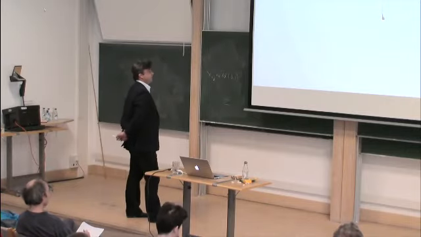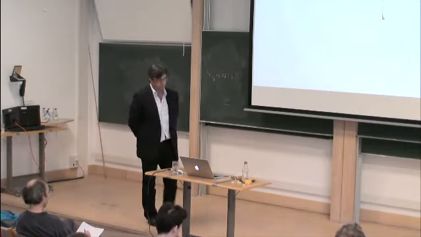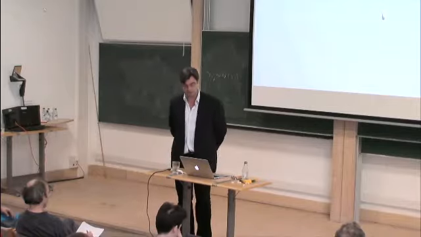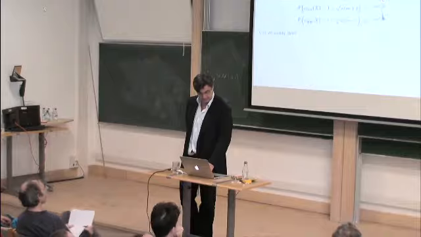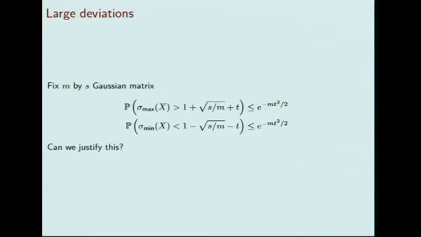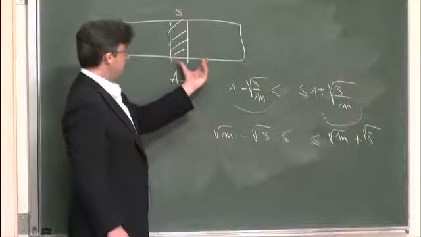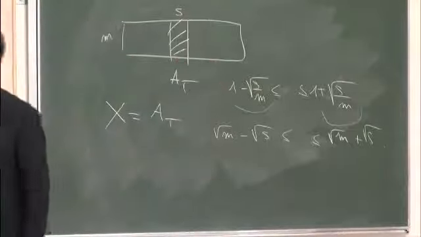I have the same bound for the minimum singular value of a Gaussian random matrix, and so I have concentration around this value. And now, if I just divide x by square root of m, what I've got is exactly this. Okay, so now we know that whenever I take a sub-matrix of a Gaussian matrix, its spectrum will be actually very tight.